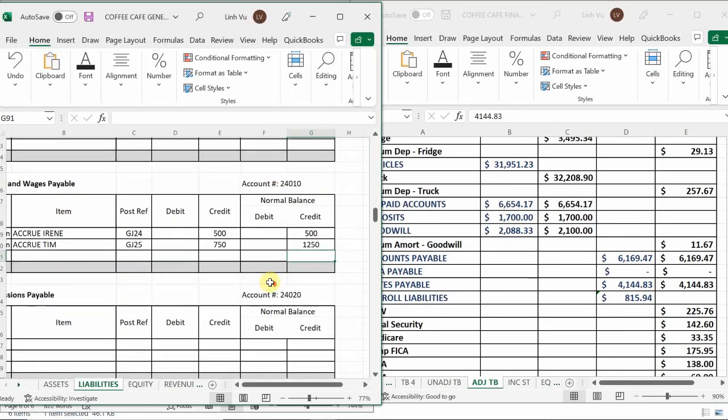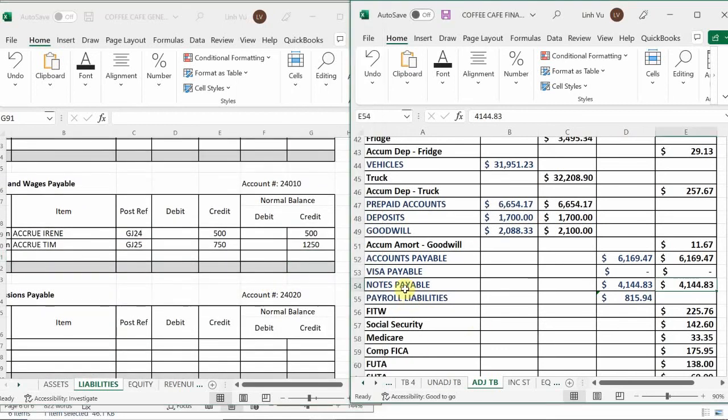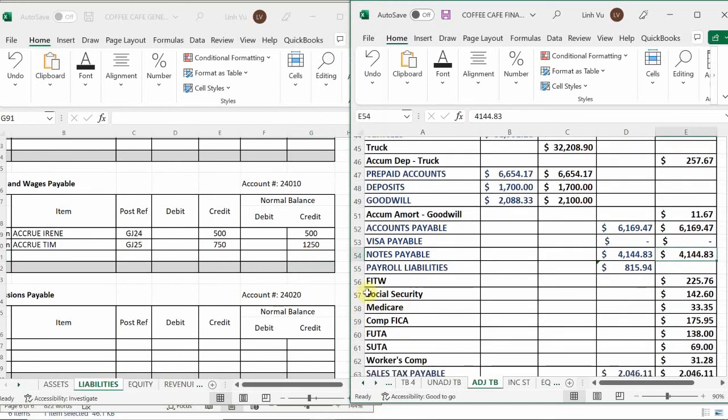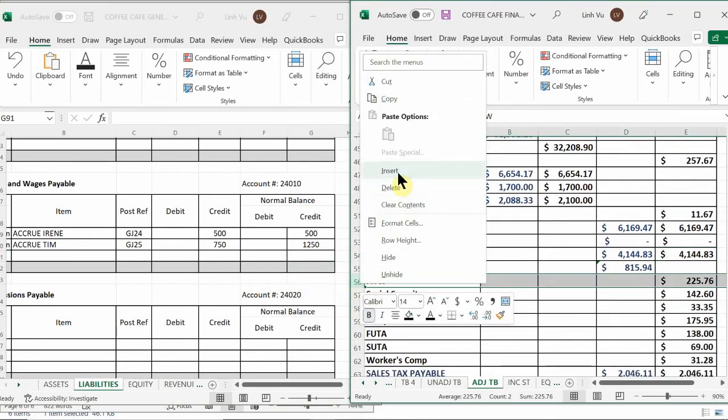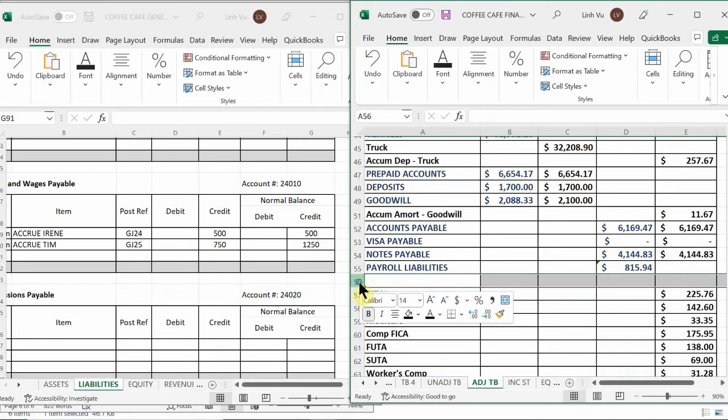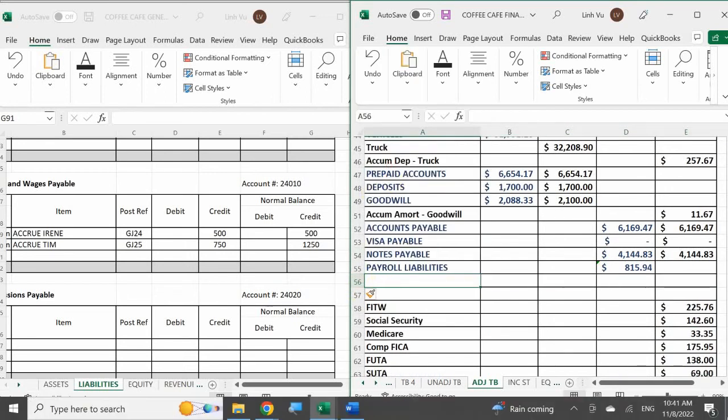Let's see. I need to add to my payroll liabilities because I just inserted 2 new accounts in there: my salaries and wages payable and my commissions payable.